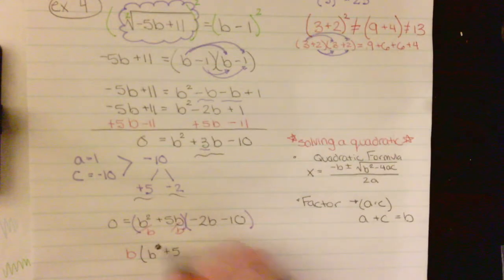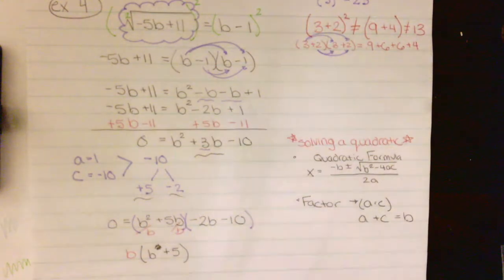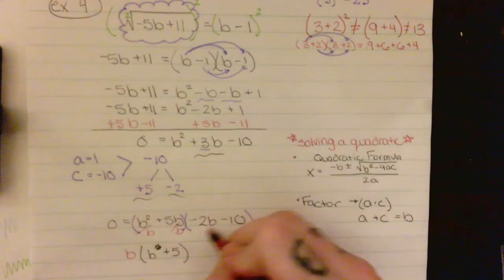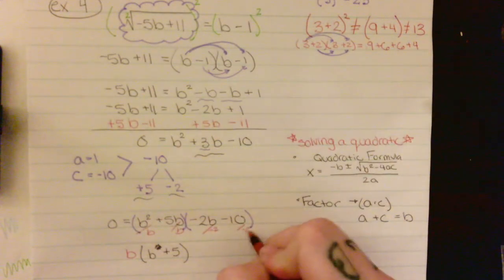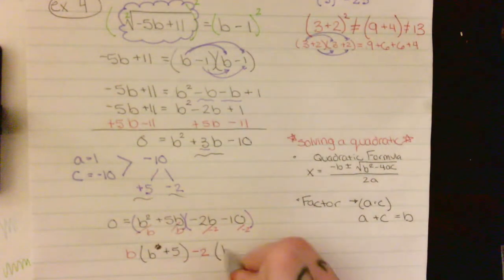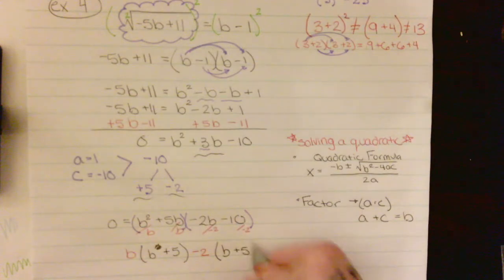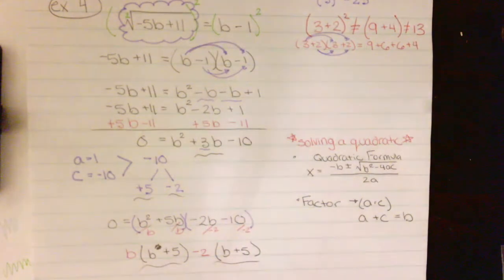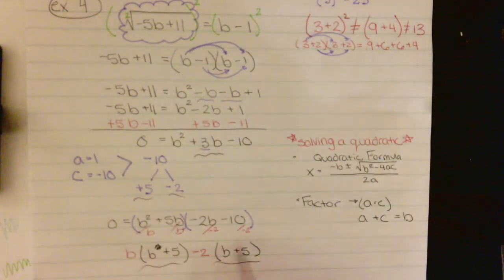Oop, erase that. Don't put that there. Alright, the biggest thing I can divide each of these terms by would be negative 2. So now I'm left with b plus 5. Now these are the same. Since it's the same, and I'm multiplying b by b plus 5, and negative 2 by b plus 5, I can say it's the same as this.